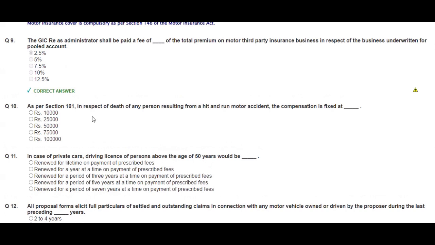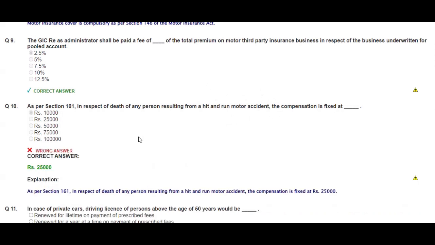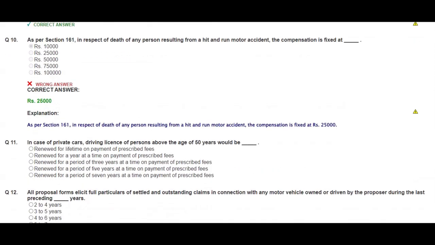As per section 161, in respect of death of any person resulting from hit and run cases, the compensation is fixed at only 10,000. Wrong answer, it is 25,000. The explanation is as per section 161, in respect of death of any person resulting from a hit and run motor vehicle, the compensation is fixed at 25,000.